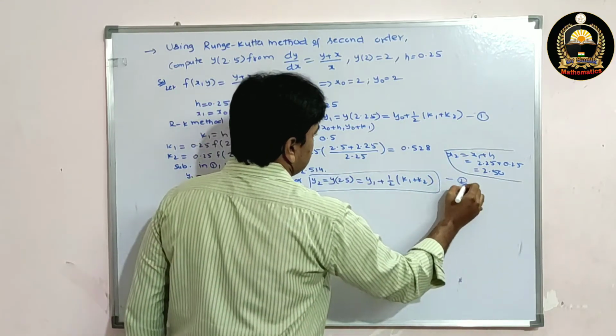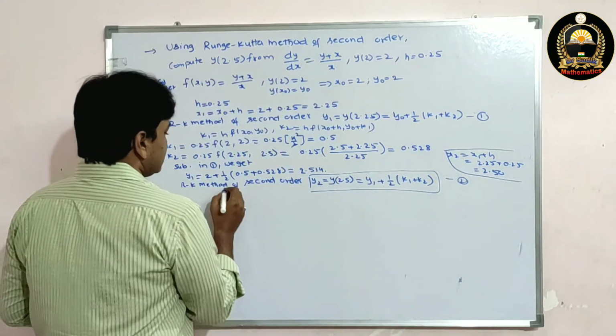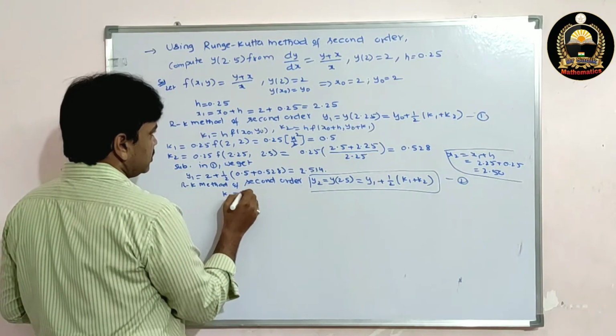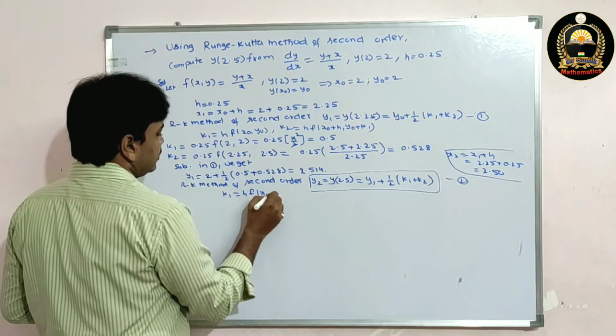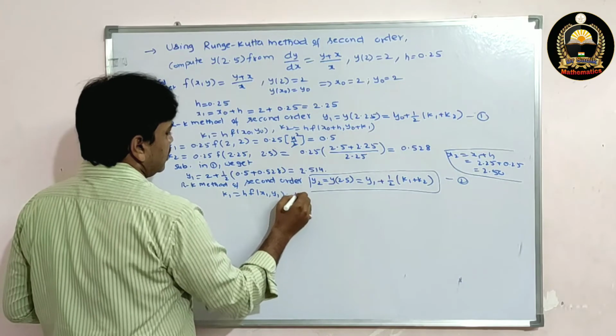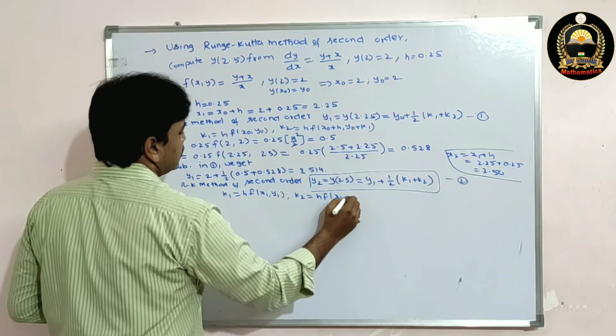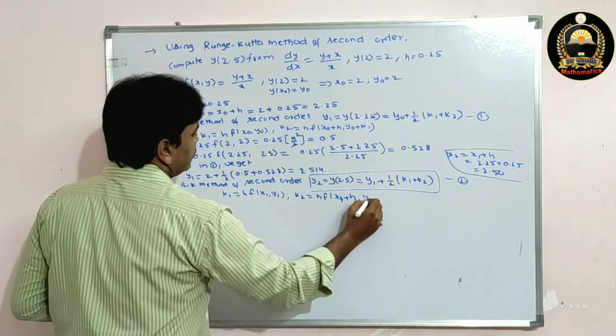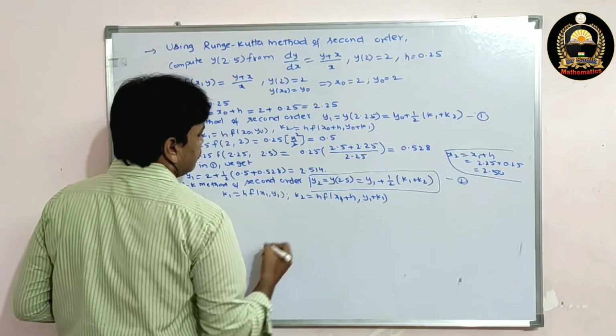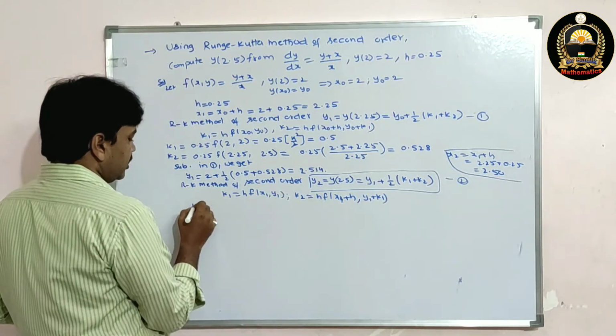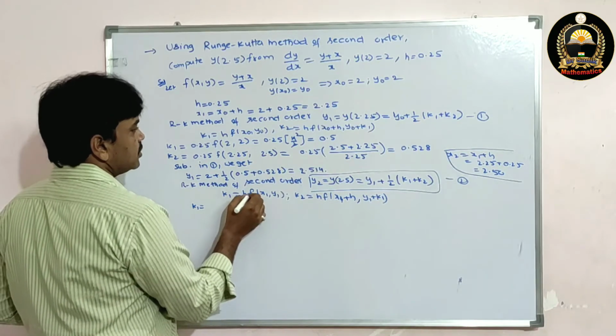So this is 2, students. Now what is k1 here, students? k1 is h into f(x1, y1), and k2 is h into f(x1 plus h, y1 plus k1).